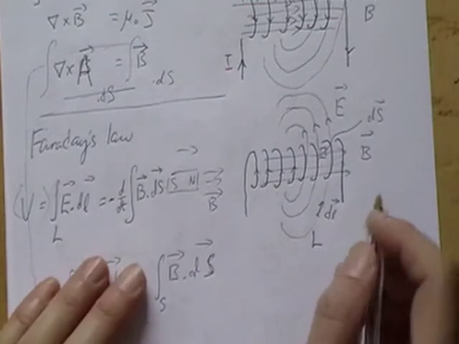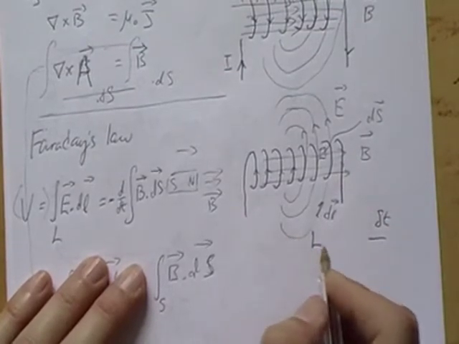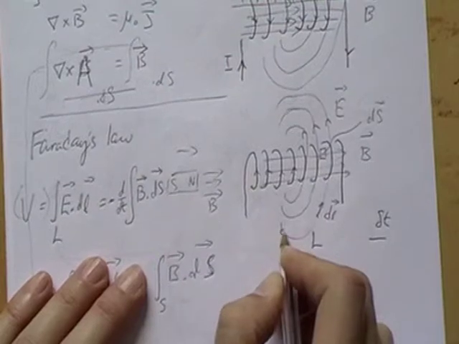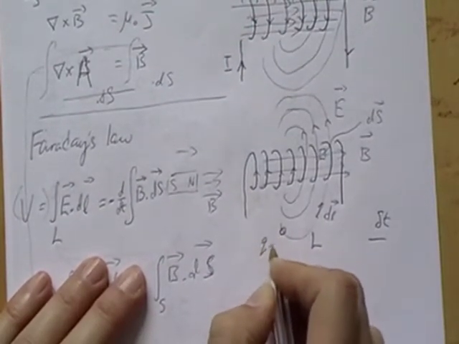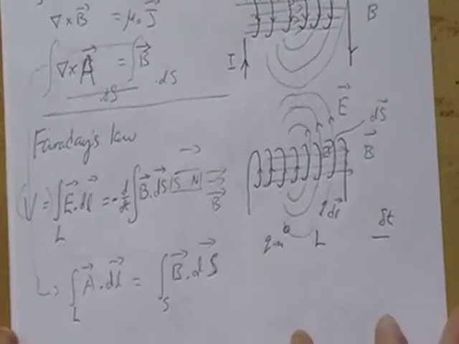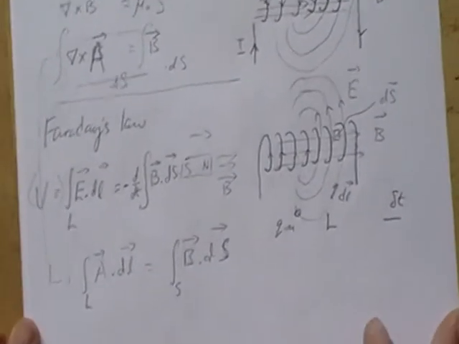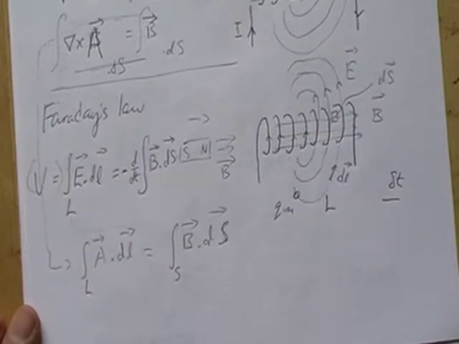And think about the effect this would have on, let's say, a charged particle here with a charge q and a mass m. Okay, that's what we're going to do. But first, let's extract the connection between the two from the equations.